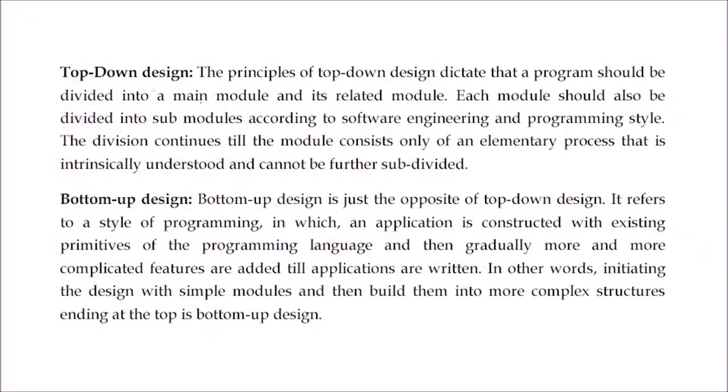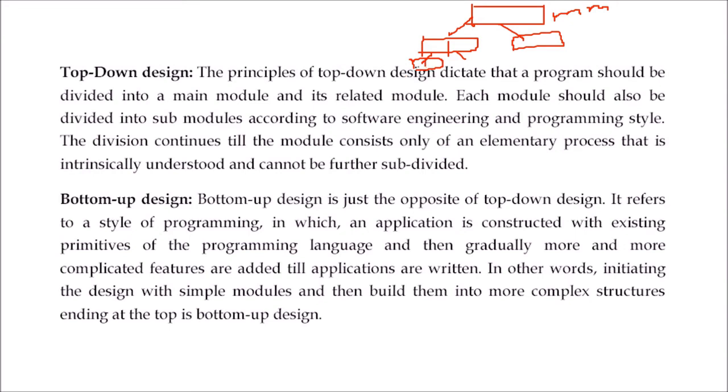What do we do in top down design? In top down design, first we see the main module. Then this main module is going to be divided, or it will dictate these submodules, and then these will again be divided, until you reach a point where you cannot further subdivide it.